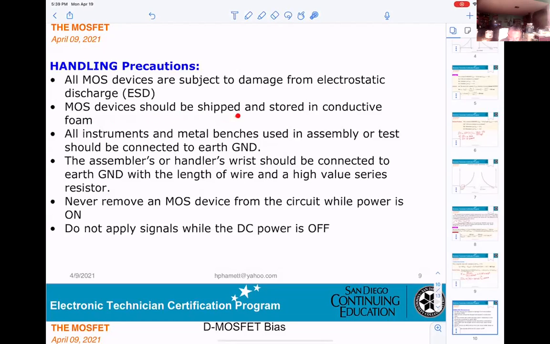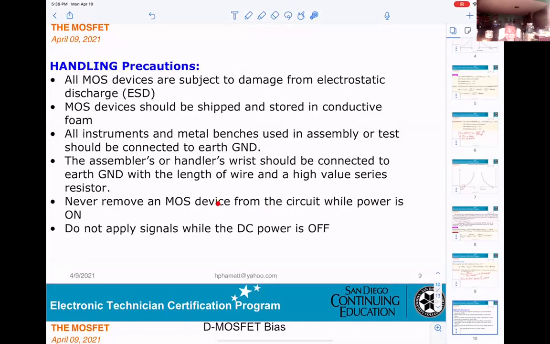Most devices should be shipped and stored in conductive foam. All instruments and metal benches used in assembly or test should be connected to the earth ground. The assembler's or handler's wrist should be connected to the earth ground with a length of wire and a high value series resistor.